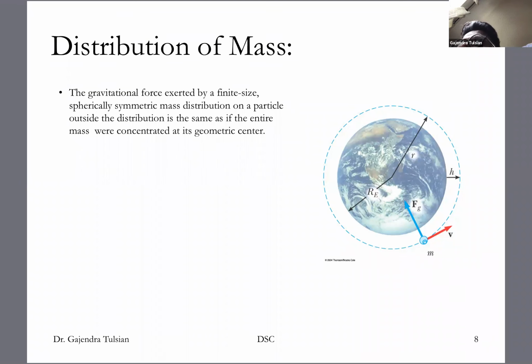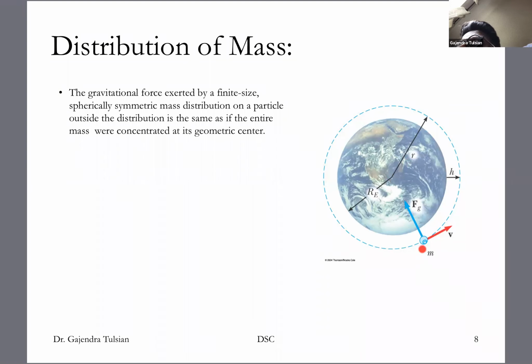So what this slide is telling you is, if mass is distributed uniformly, the gravitational force exerted by a finite size, spherically symmetric mass distribution on a particle outside the distribution, the force that the Earth exerts on this satellite, would be the same as if the Earth were a point object in the center.